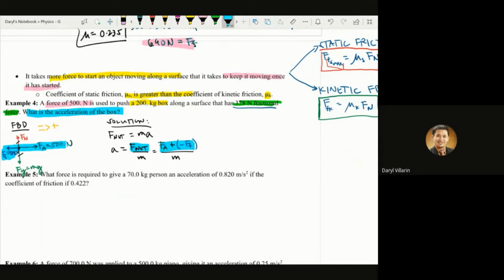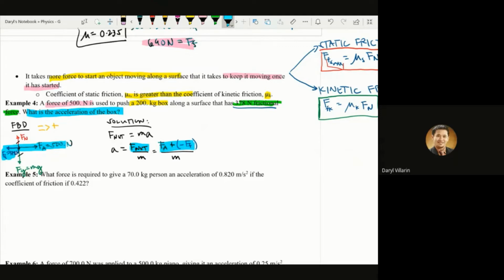I'm expanding that net force because net force means taking the sum of all the forces. From the free body diagram itself, I know the movement will just be horizontal.